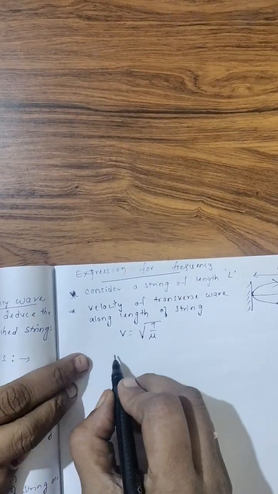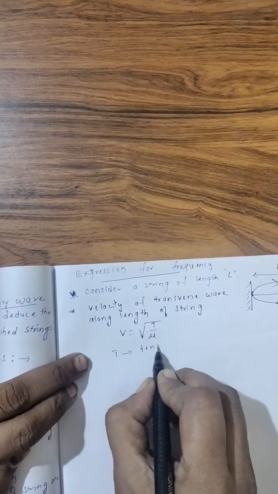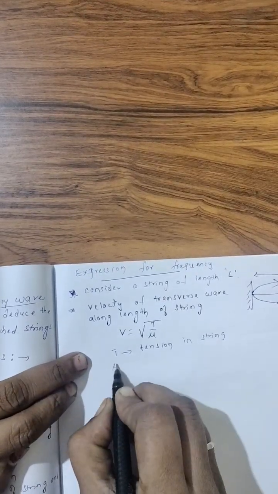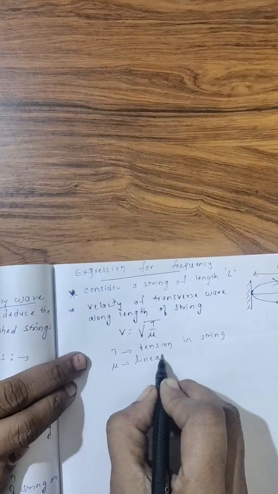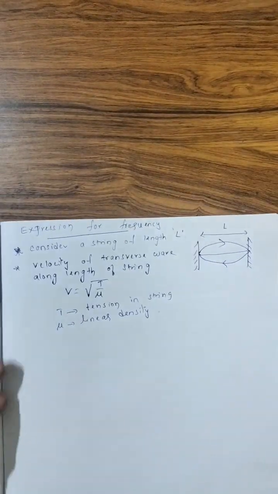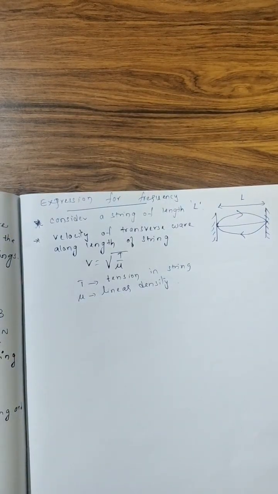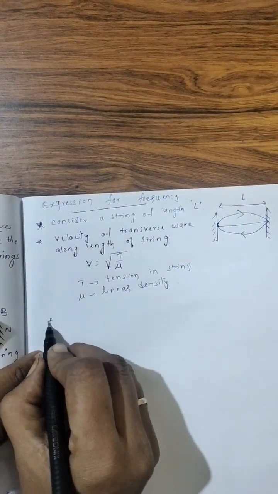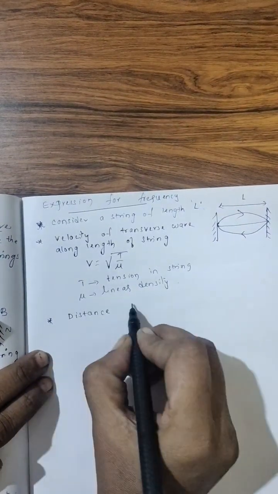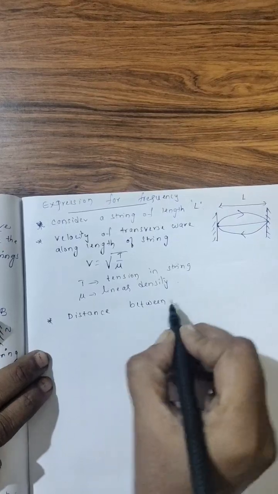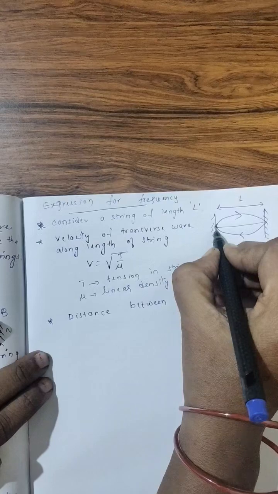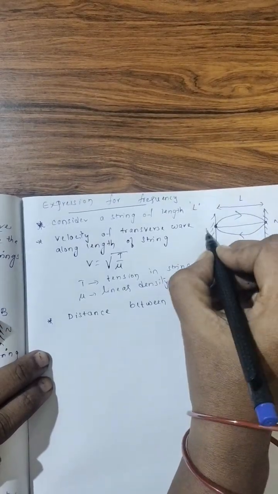Okay, if you want, write here T, the tension in the string or applied to the string, mu, linear density. Alright? Okay. Now next, the main important point, the distance between any two nodes.